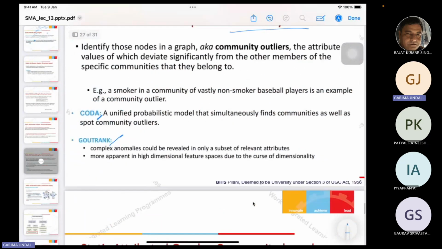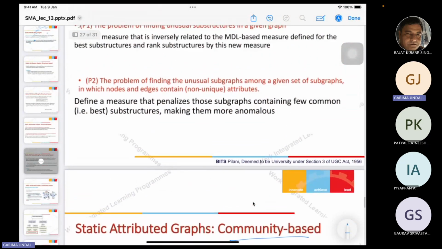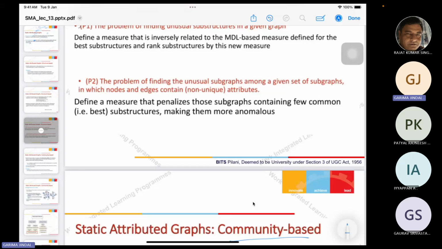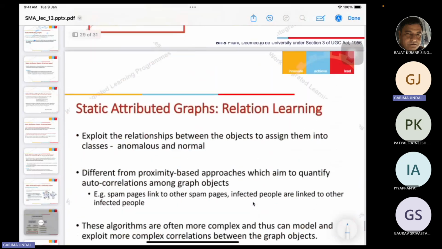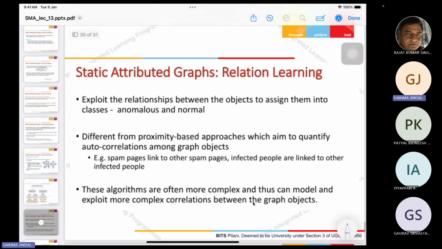Okay, so this is how we considered the structural properties and the community properties in the attributed static network to identify the communities. Then there are different algorithms in which you use relation learning. As I gave you the example at the start of the lecture, there might be a spam page and another spam page, and these two spam pages are connected.